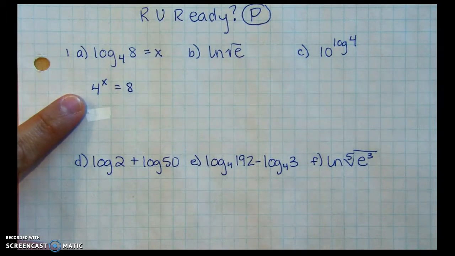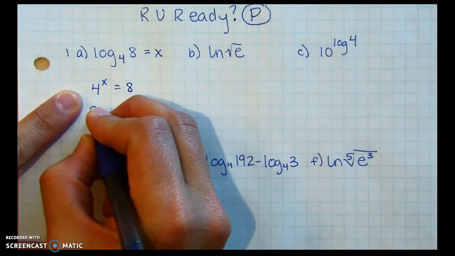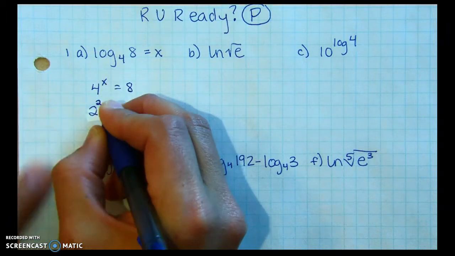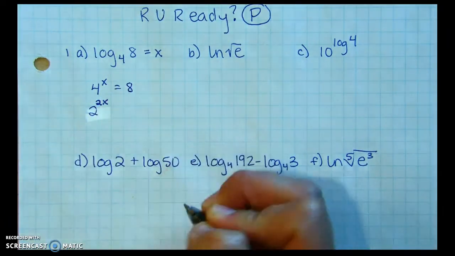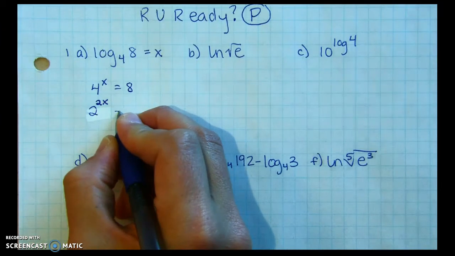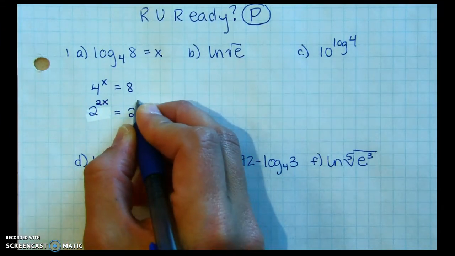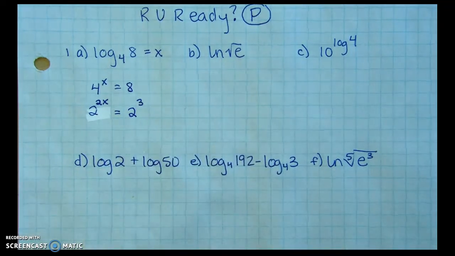So the 4 is going to be 2 what? 2 squared, but there was already an x there. So we're going to write it like that. And then the 8 is rewritten as 2 to what power? 2 to the 3. Oh, well now we have an equation and the bases are the same.